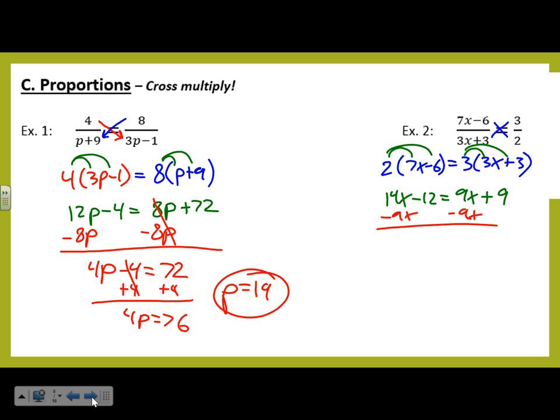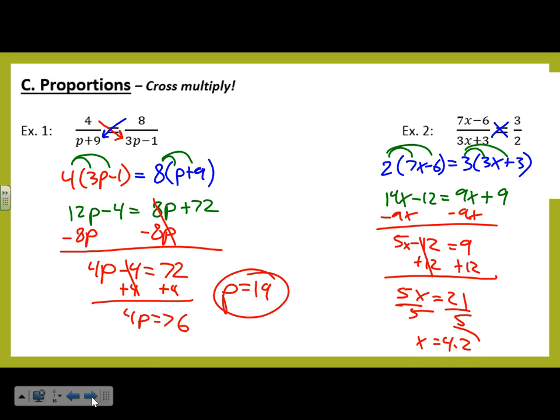Should be 5x minus 12 is equal to 9. x is equal to 9 plus 12 is 21, over 5. And then we end up with another fraction or a decimal. I always go the decimal route if I can because I think it's easier to understand, and you don't have to worry about reducing. I end up getting 4.2 for that one.